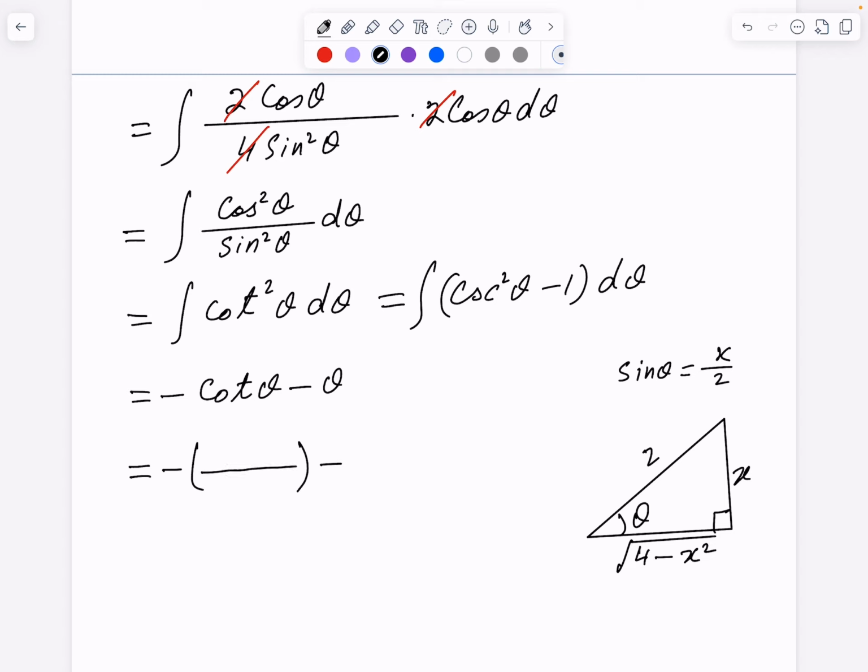Therefore, we're going to have adjacent, which is the square root of 4 minus x squared divided by x, minus, if sine theta is x over 2, therefore theta is just going to be sine inverse of x over 2, plus c. And this is our integral. So we're done with this problem.